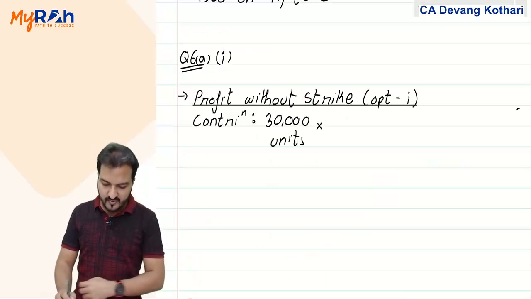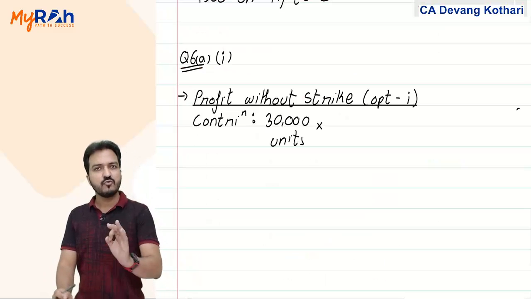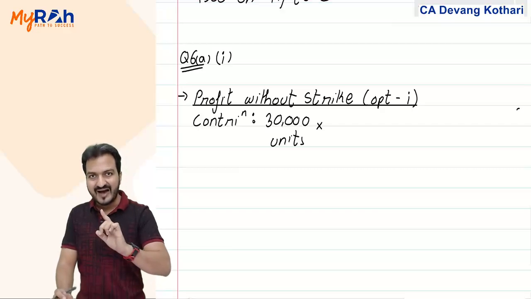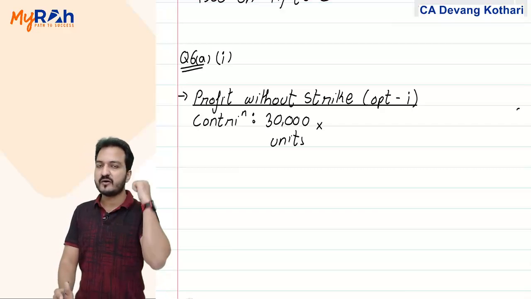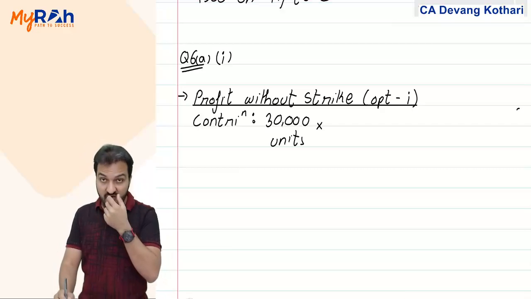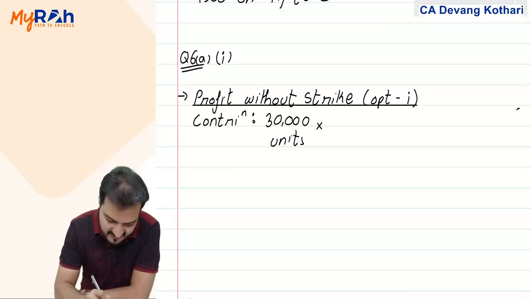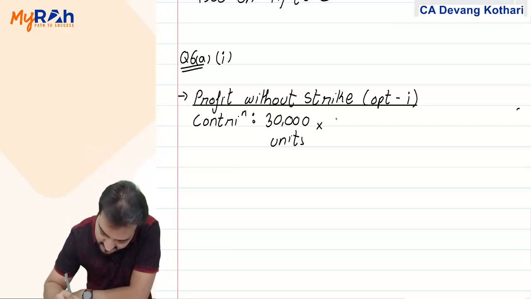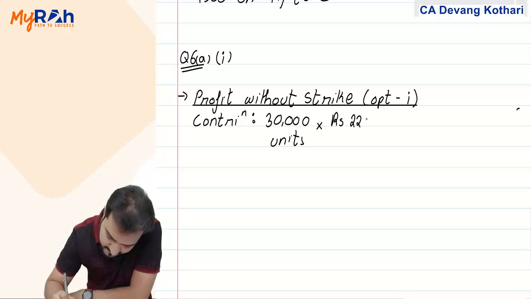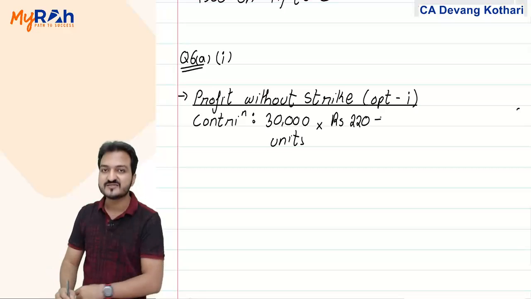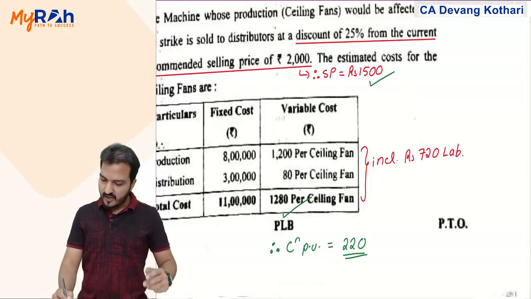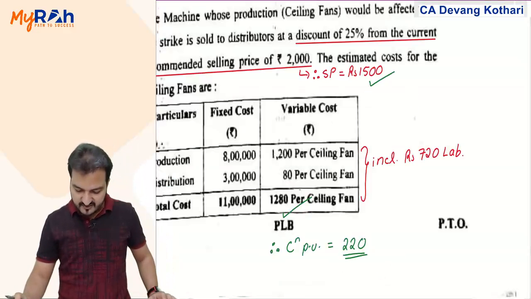Now, if I don't let them go on a strike, meaning I agree to pay the extra wages that they demanded, then my contribution will decrease. 220 was supposed to be my contribution, but how much extra wages did they demand?